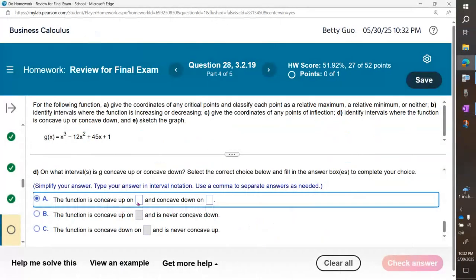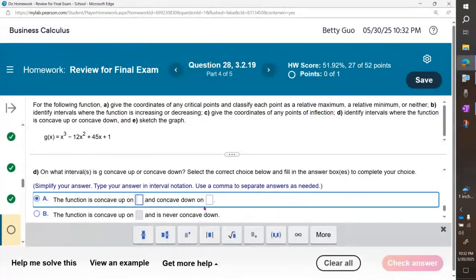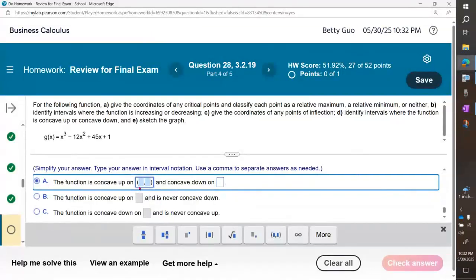So the function is concave up from 4 to infinity, to the right of 4. Concave down to the left of 4, negative infinity to 4.